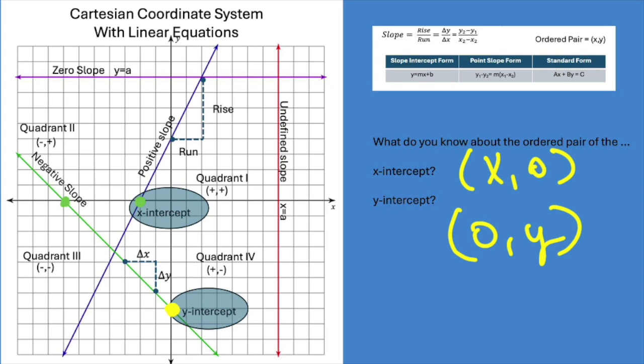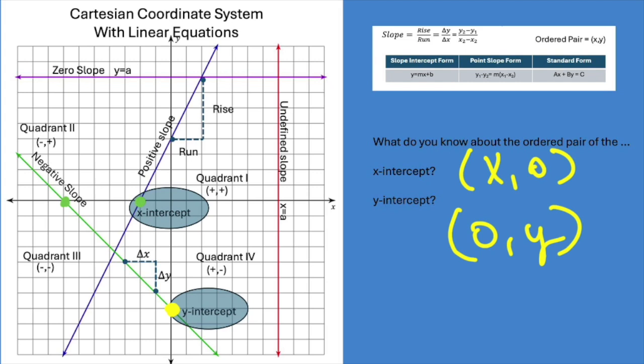Now, did I make this up? Did some mathematician sit somewhere in a basement and say, I'm going to make an x-intercept have 0 for the y? They might have made up the word x-intercept, but did they make it be a 0 right there?